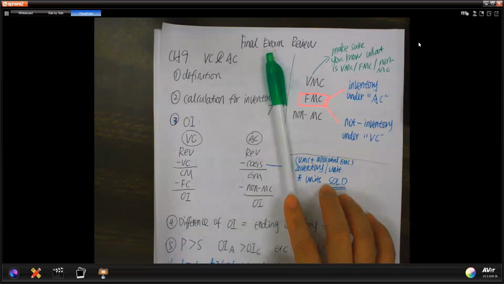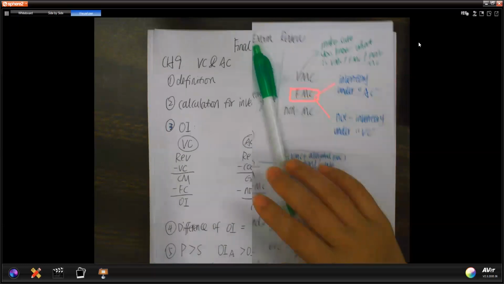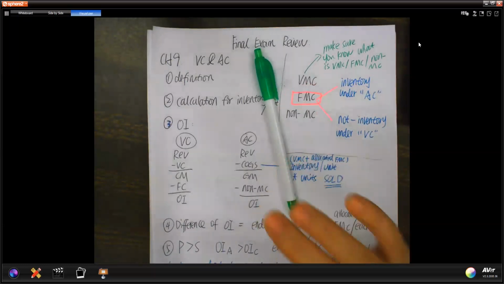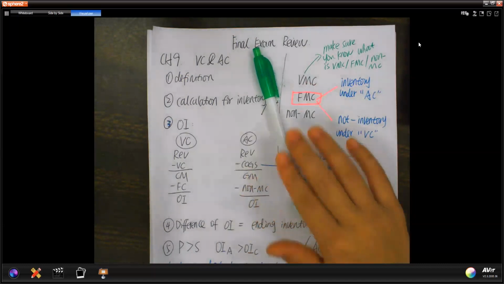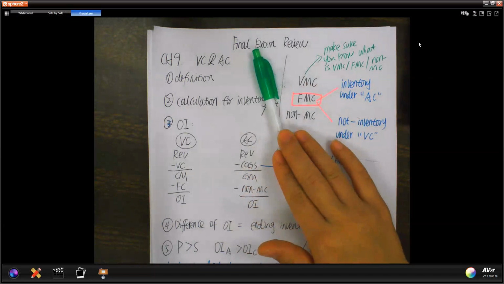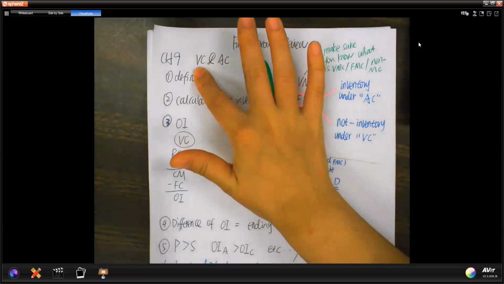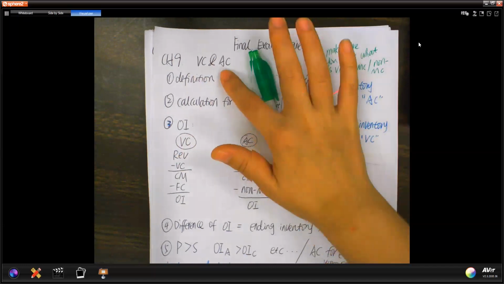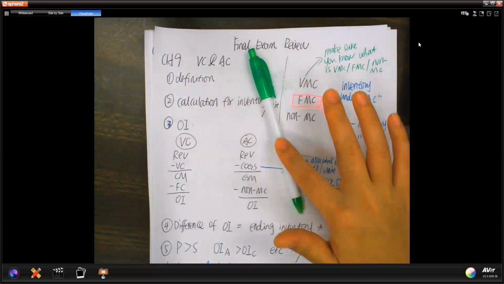And then non-manufacturing, like our accountant, CEO, everything not in the manufacturing department will be a period cost. But even for the manufacturing part, variable costing only takes variable manufacturing cost. Absorption costing absorbs all the manufacturing cost.